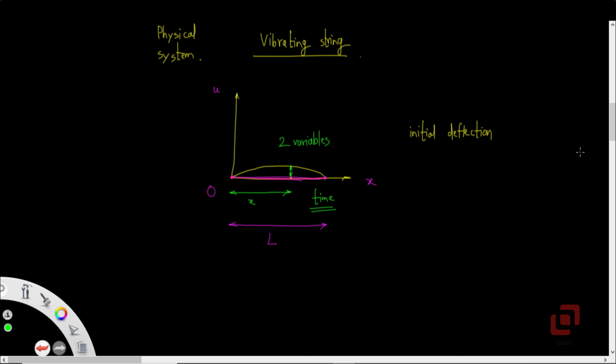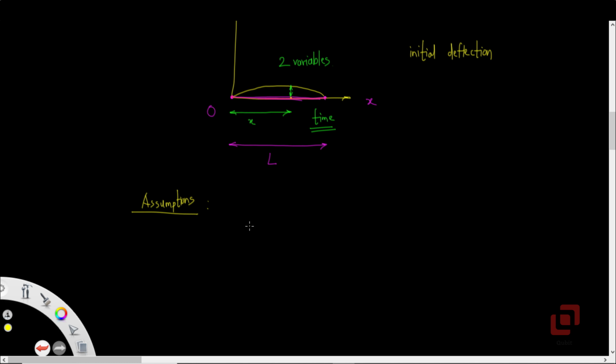Now before we begin our derivation, we are going to make some assumptions, as we do with any modeling phenomenon. The first assumption is that we are going to ignore the effects of gravity. In short, we will not consider this particular string to be sagging down like this due to gravity.